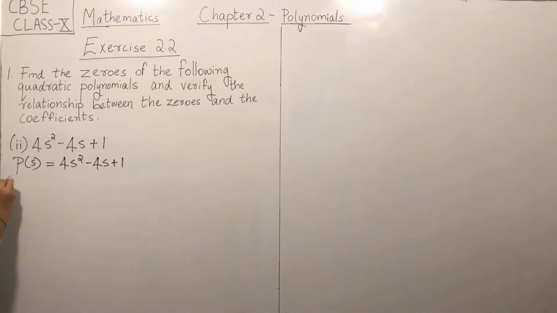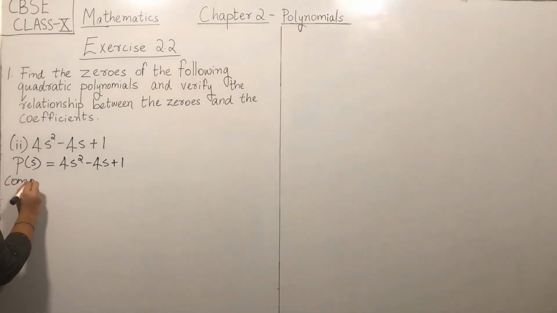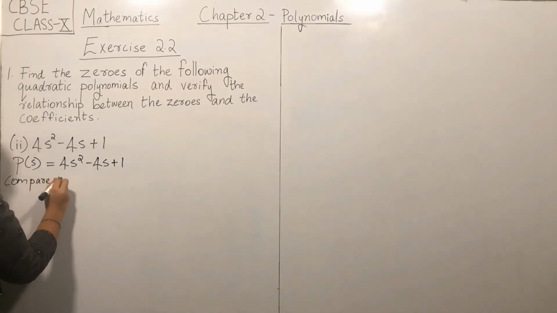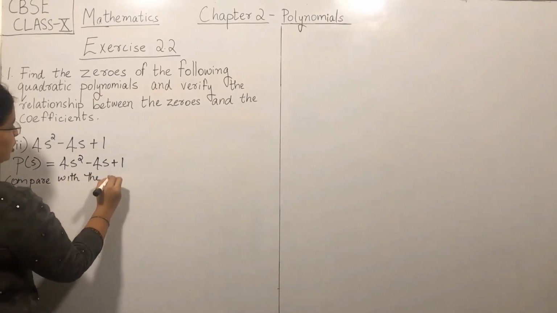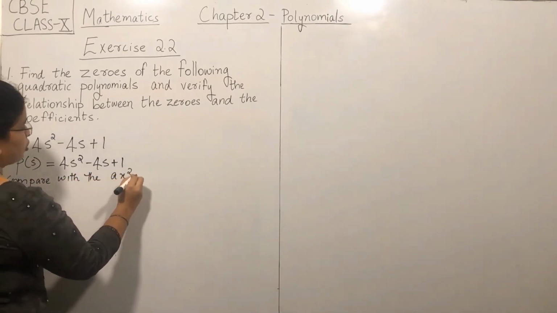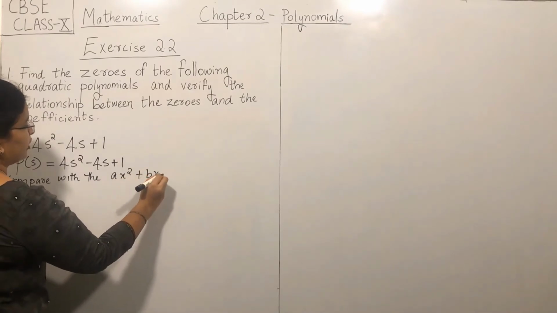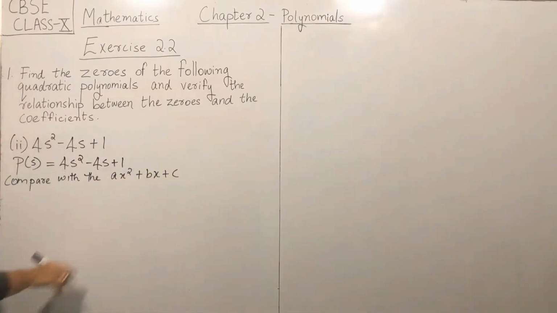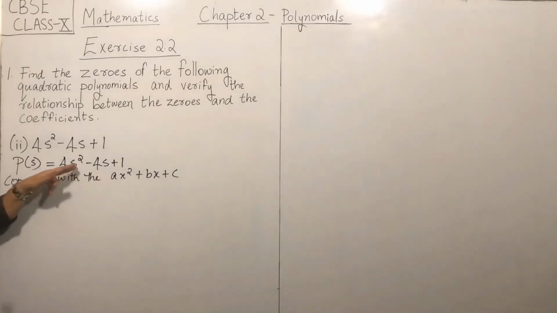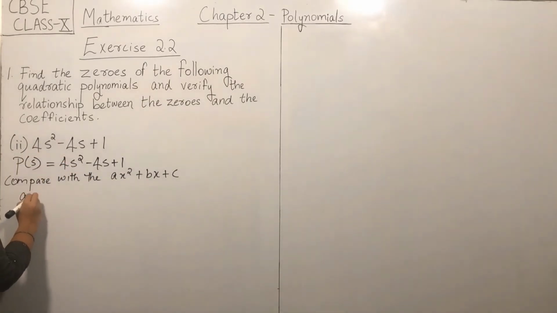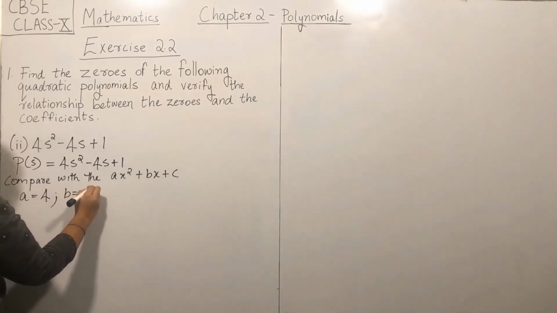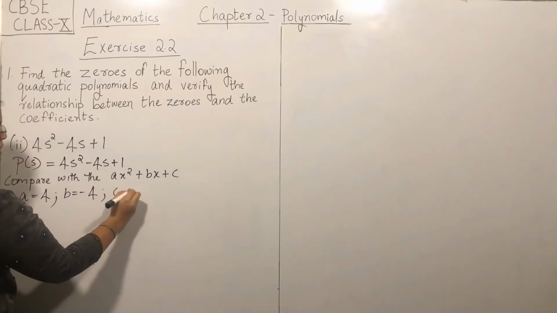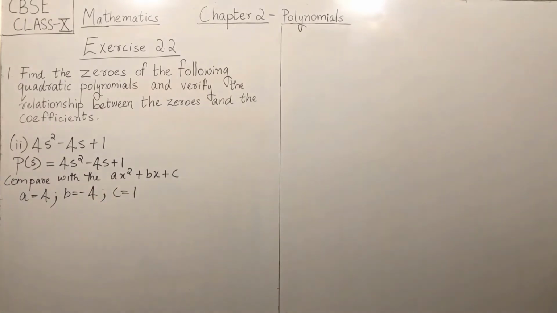Now we can compare with the general equation, that is ax square plus bx plus c. Here it is x, but here it can be any variable. Okay. Now a equal 4, b equal minus 4 and c equal 1.